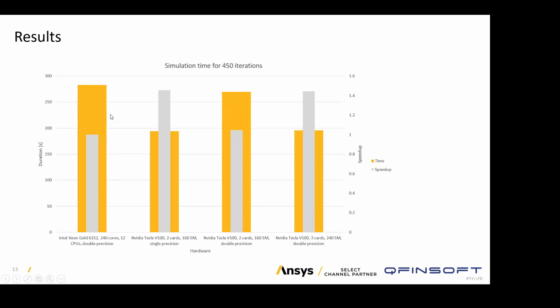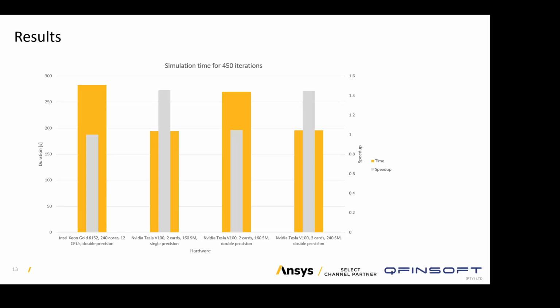If we compare the CPU with 3 cards, we'll see that we use about the same license count because it's 240 SMs with 240 cores, but we have a speed increase, so basically a decrease in the duration of the simulation of about 40%. So that's a significant speed up compared to, first of all, your license cost, but also the hardware cost that we're having.